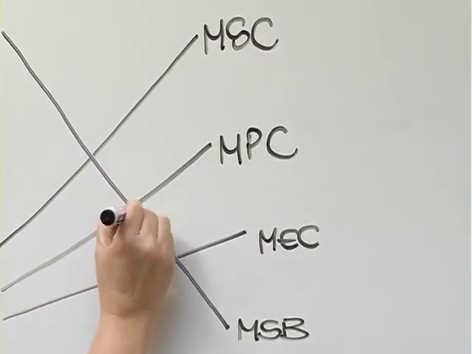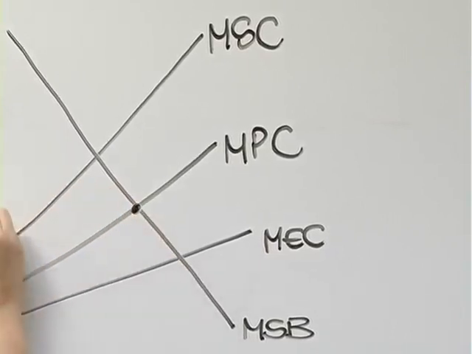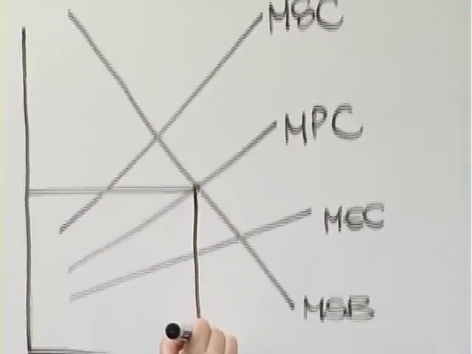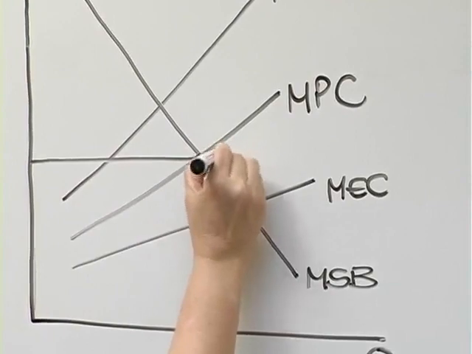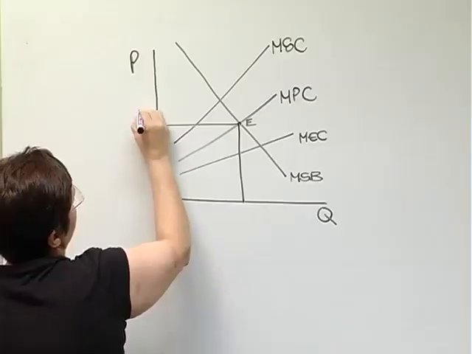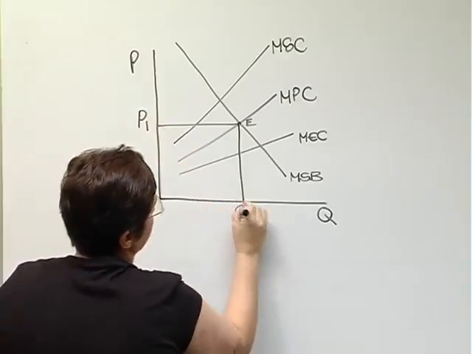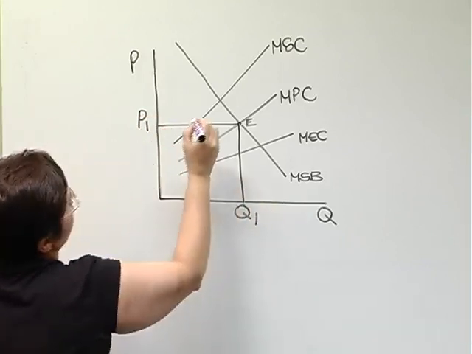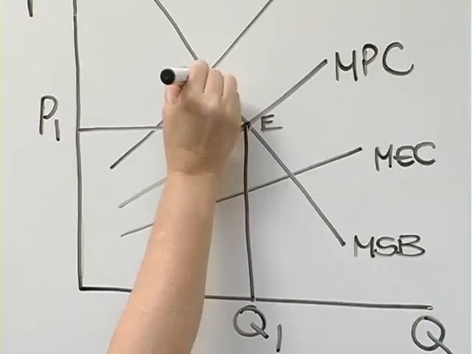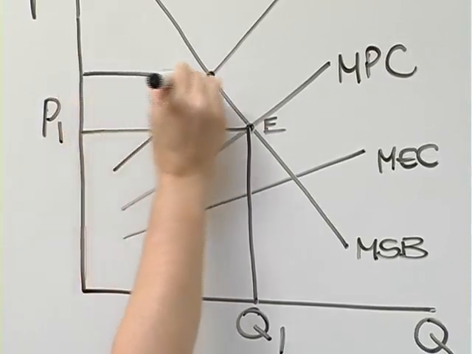Now the first point of intervention is there, where you get equilibrium, P1 against Q1. And the social cost is actually there.